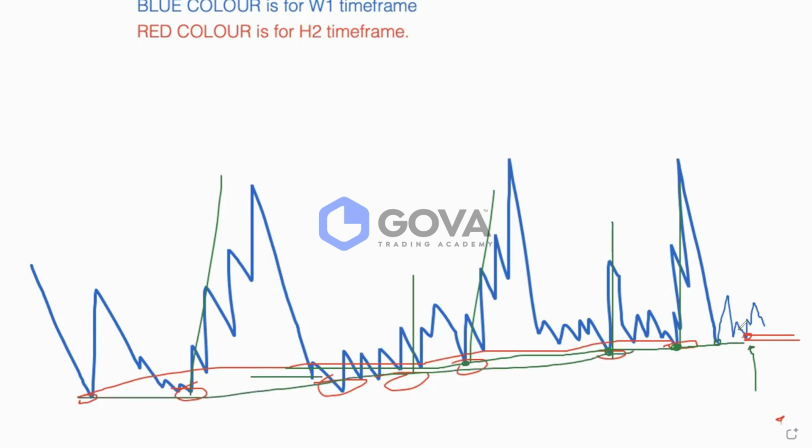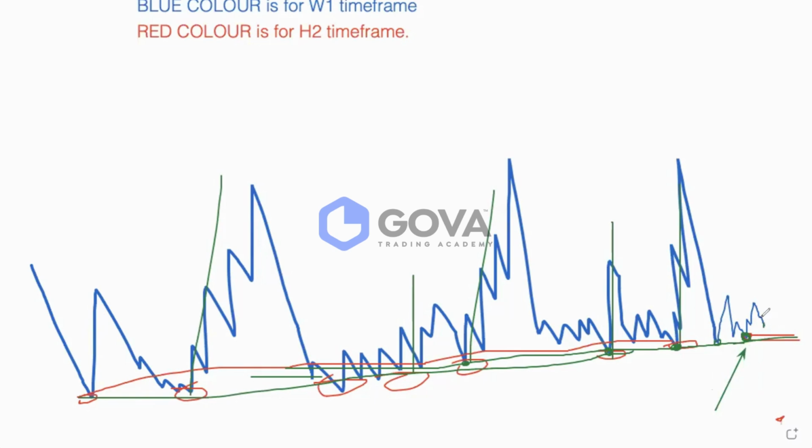So if we have a buy trade situation on the H2 time frame or any lower time frame around here, it means we should expect price to respect that area, because generally that level is a very strong demand level on a higher time frame.